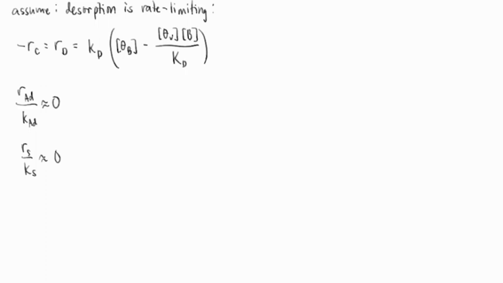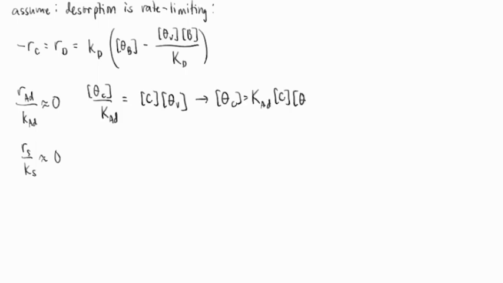First, from adsorption, we have the concentration of theta C over K adsorption is equal to concentration of cumene times the concentration of the vacant active sites. Simplifying, this is concentration of theta C is equal to K adsorption, concentration of cumene, and concentration of the vacant active sites.